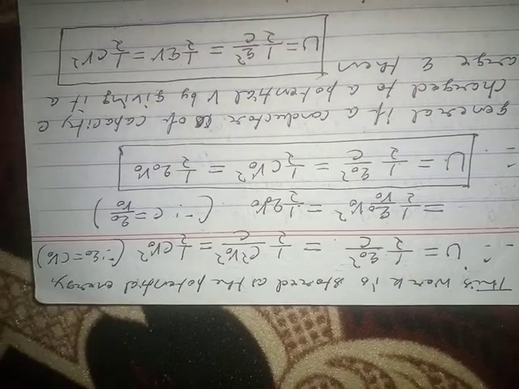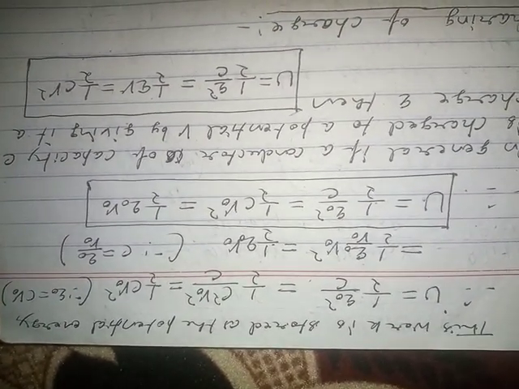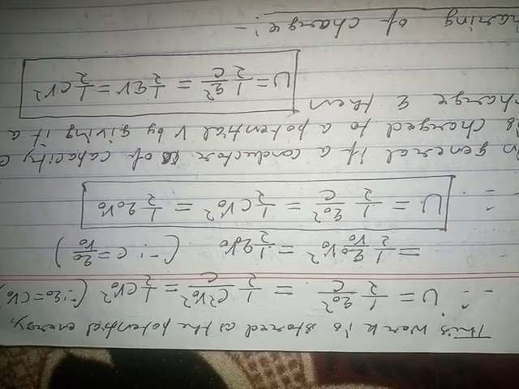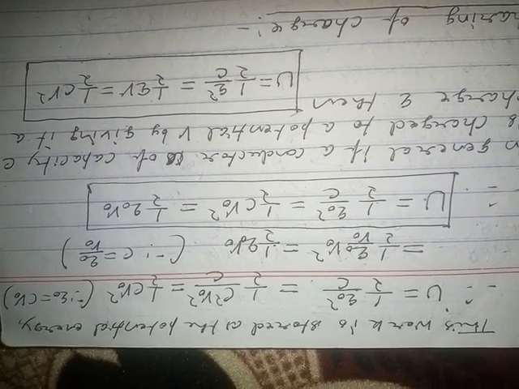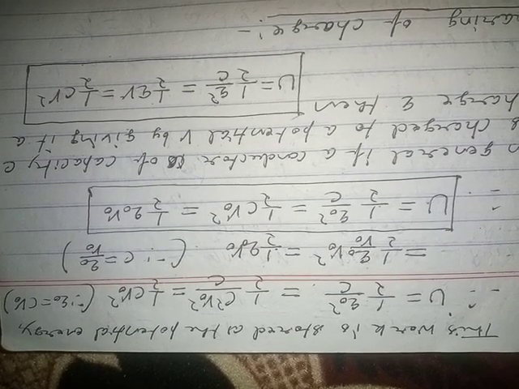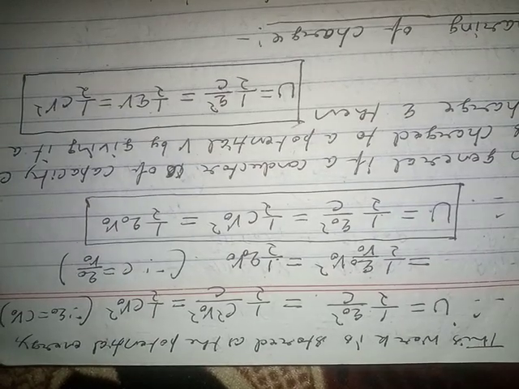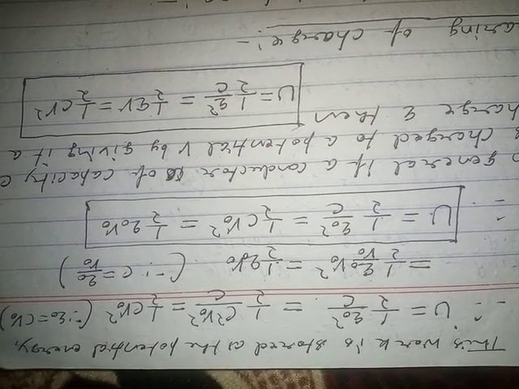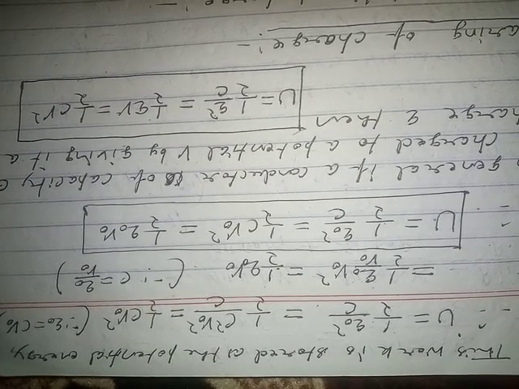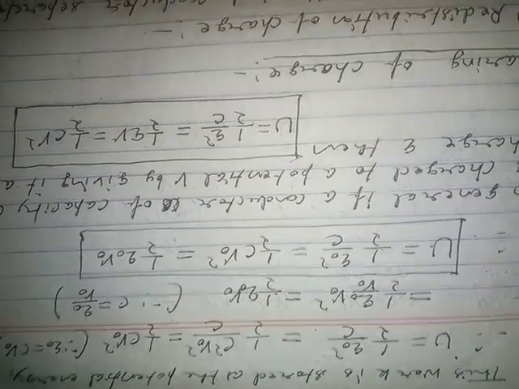This work is stored as the potential energy, hence U equals 1 by 2 Q0 square by C, or 1 by 2 C square V0 square by C equals 1 by 2 C V0 square, since Q0 equals C V0, or U equals 1 by 2 Q0 by V0 into V0 square equals 1 by 2 Q0 V0, since C equals Q0 by V0.